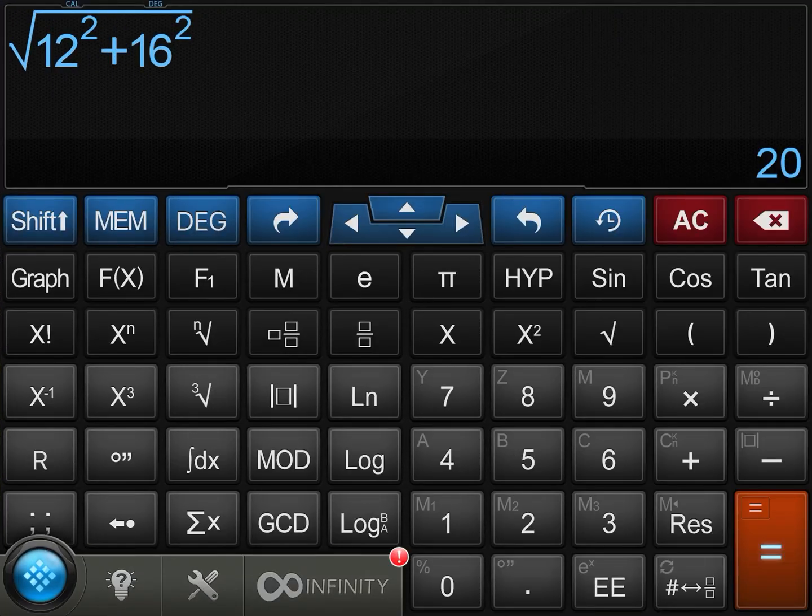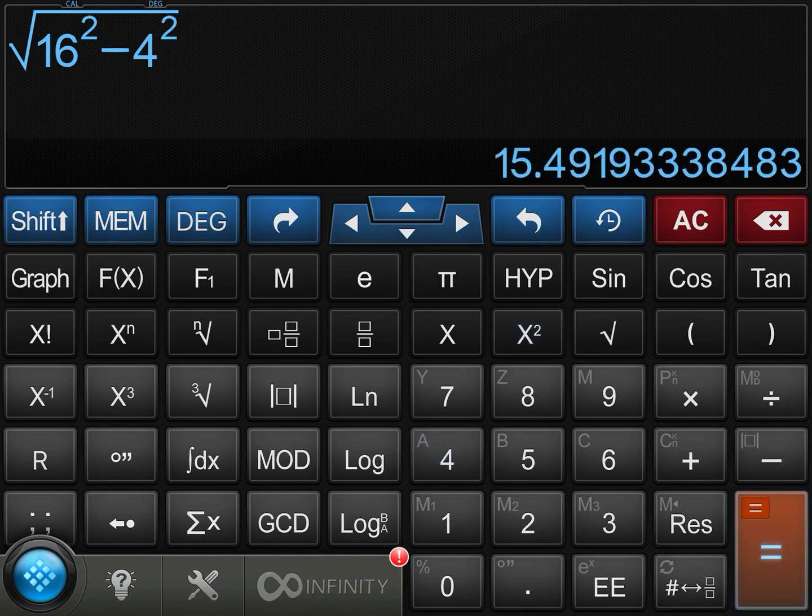So I'm going to clear this out, and we're going to take the square root. The ladder was 16 feet, so 16 squared. We're finding a leg, so it's minus. The shorter leg was 4, so 4 squared. Hit enter, and we get this big, long decimal number.